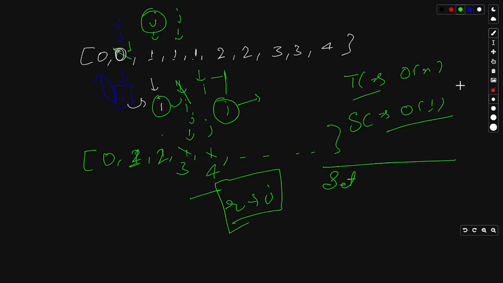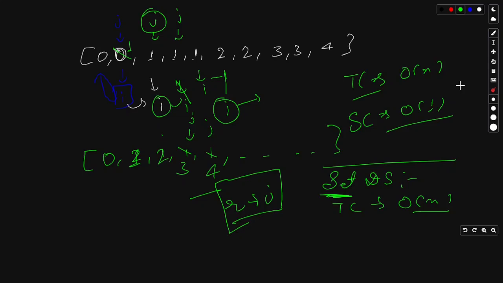The set data structure approach has a time complexity of big O of n, because the first iteration is when we are entering elements into the set, and the second iteration is when we are copying the set into the original nums vector.